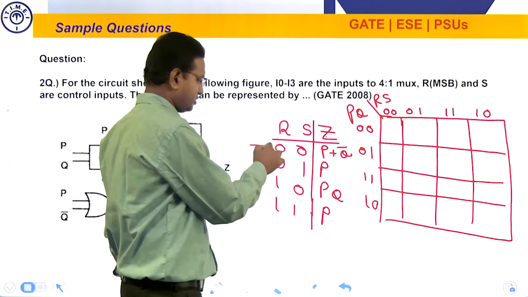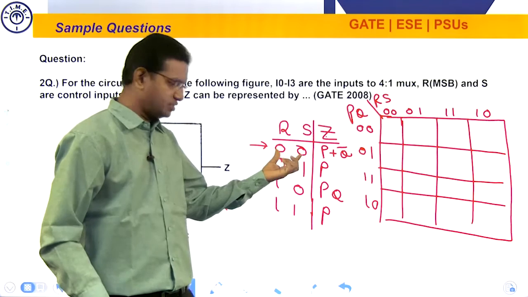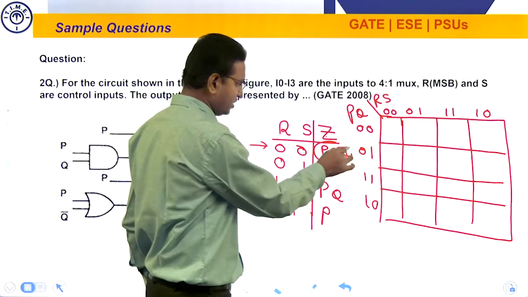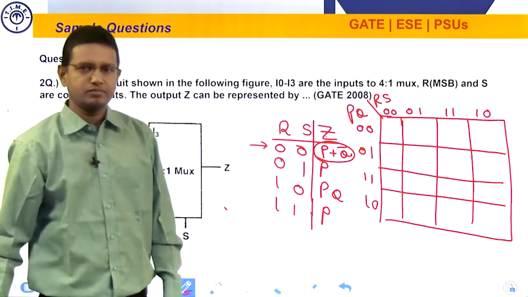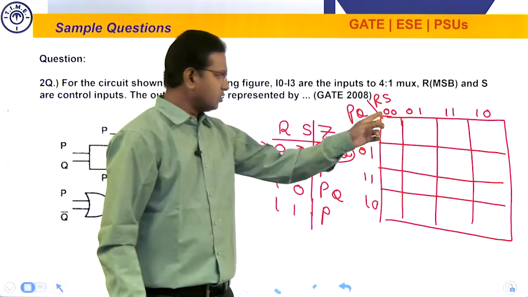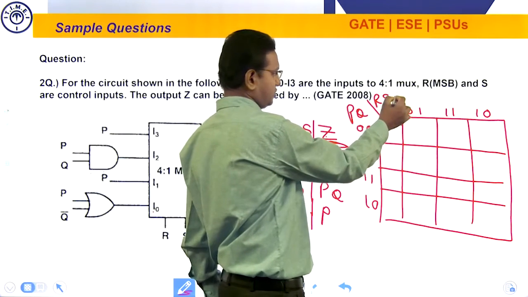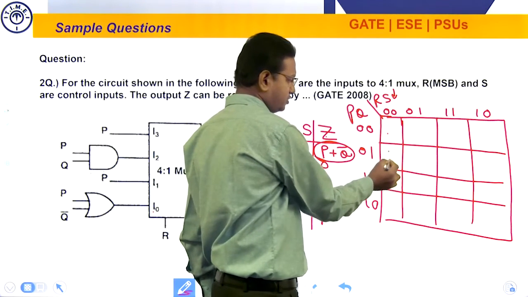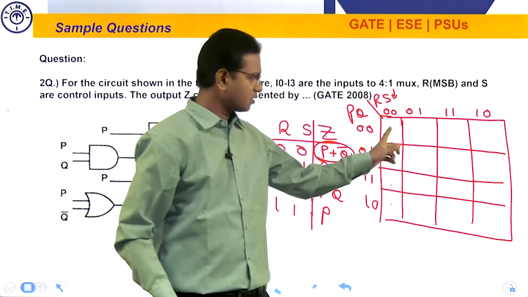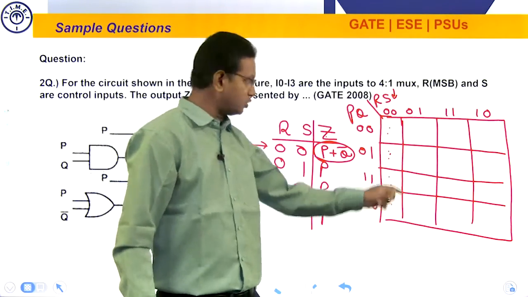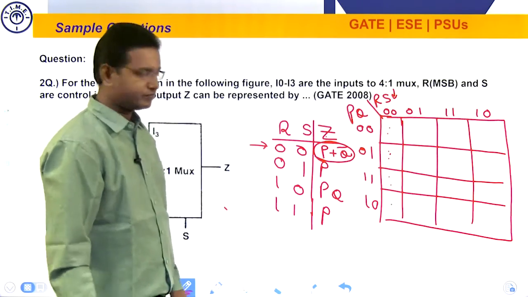Now the first row is RS 0 0 and the Z value is P plus Q bar. Let us point out where RS 0 0 is. These 4 cells belong to RS 0 0.